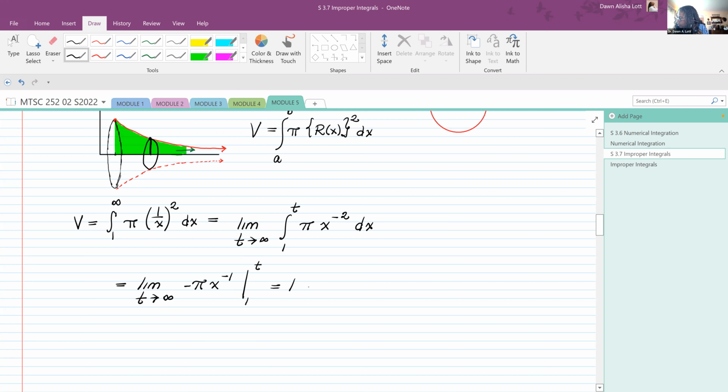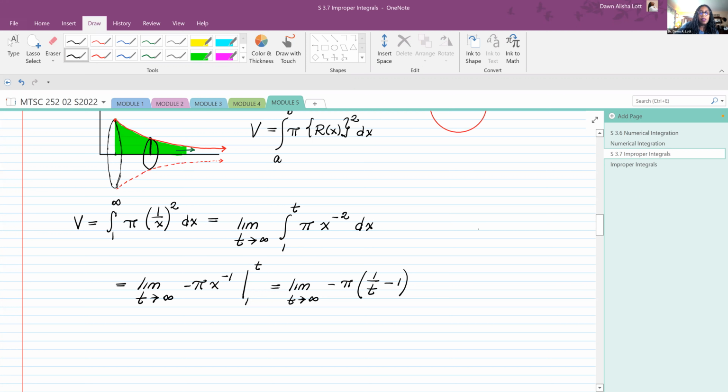So we have the limit as t approaches infinity. I'm going to get negative pi, then I'm going to get 1 over t, because that's the t to the -1. So I get 1 over t, and then when I put in 1, I get minus or -1.